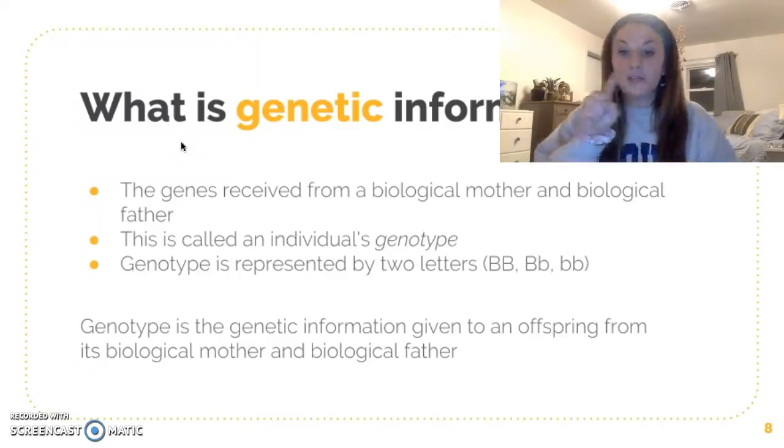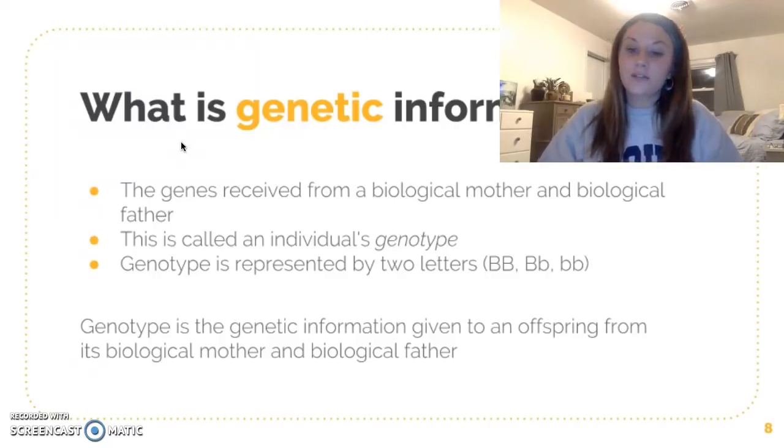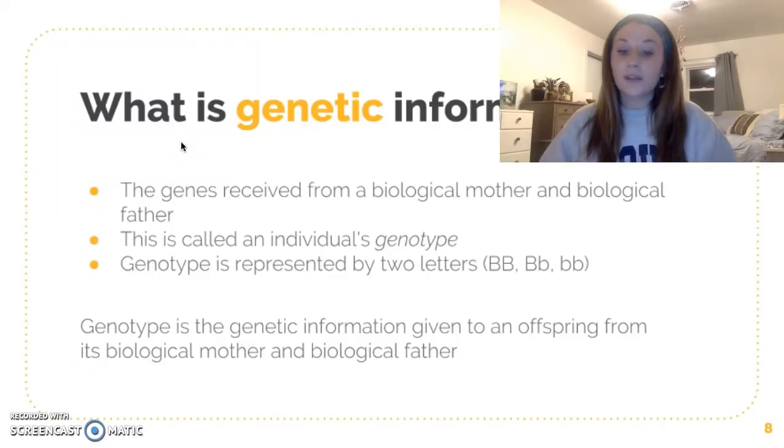I have those 3 examples around the bottom: capital B, capital B; capital B, lower b; and 2 lowercase b's. These 2 letters, whether it's capital or lowercase, one is represented from the father, one is represented from the mother. A really good summary for what is genetic information: the genotype is the genetic information given to an offspring, so that's a child, from its biological mother and biological father.